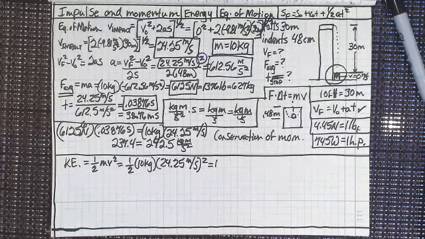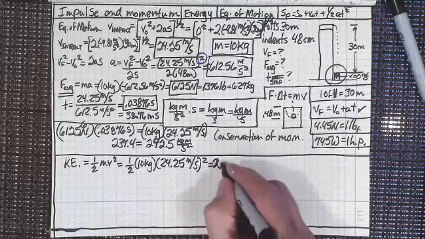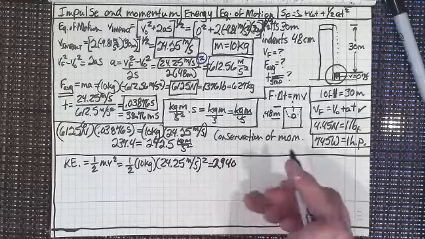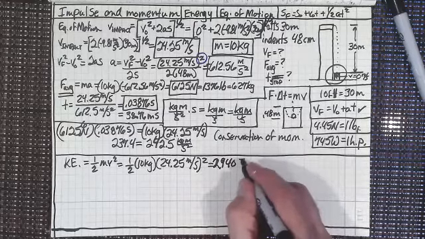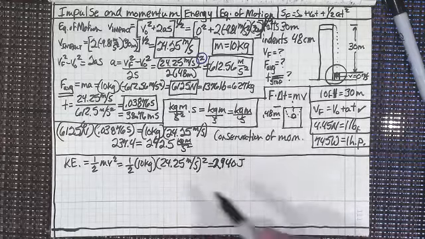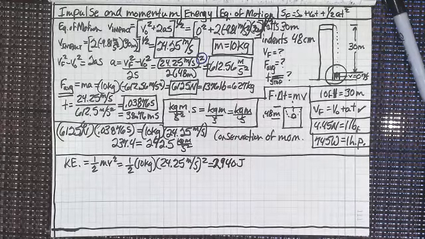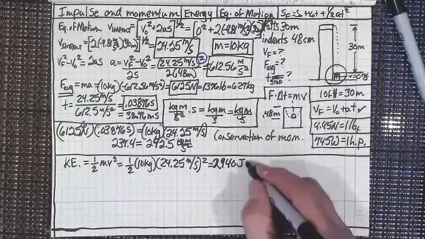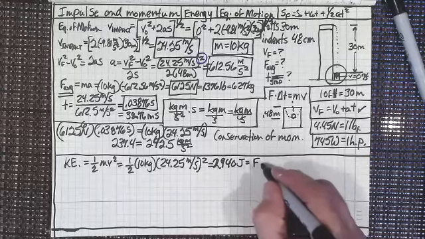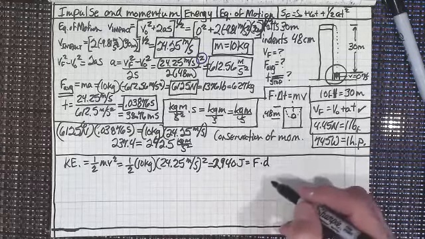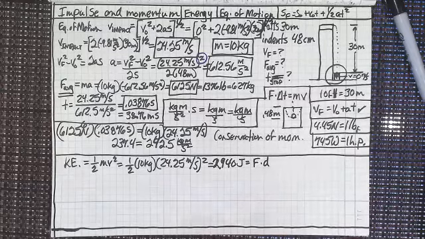Squared? No, just a second. 24.25 squared times 10 times 0.5. That's much better. 2940. And what is it? Joules. That's right. So we've got that, and we know what the energy is right when it's about to hit that. And we know that that has to be equal to the force times the distance that it indents, right?